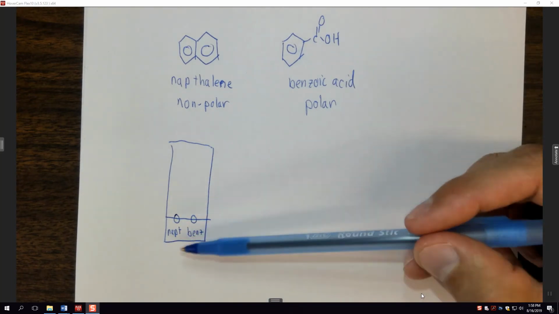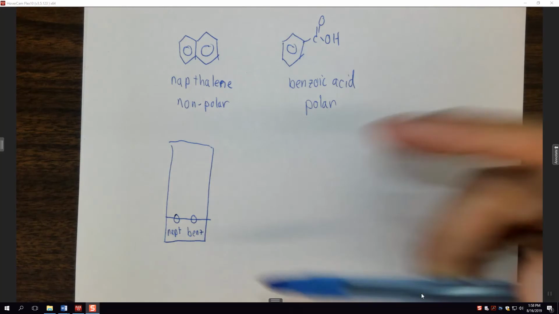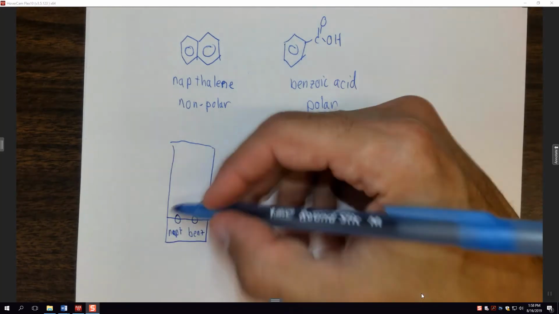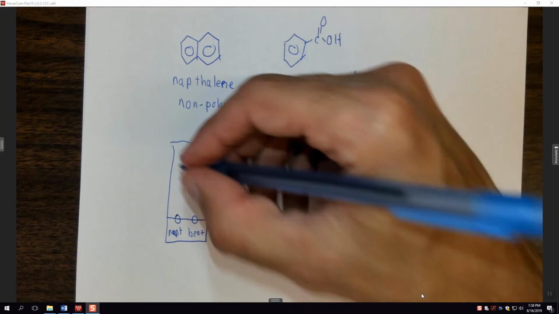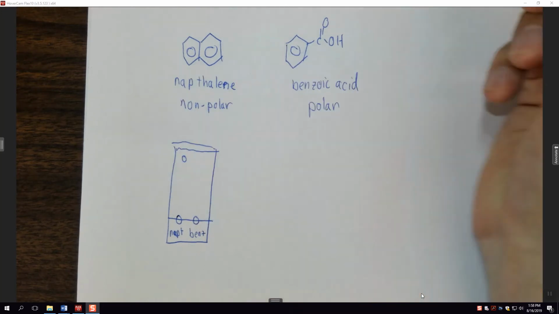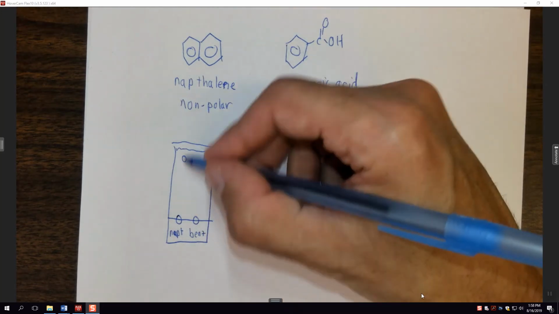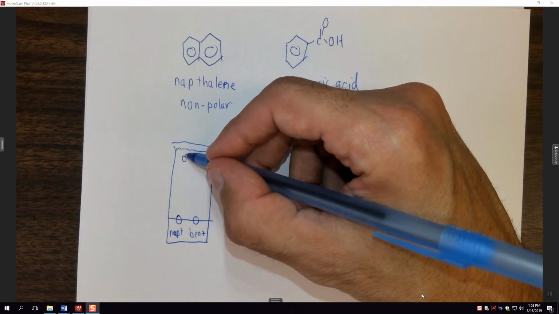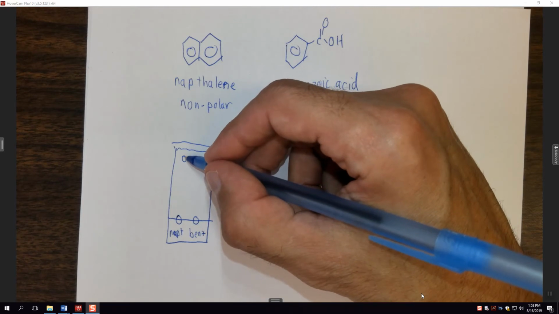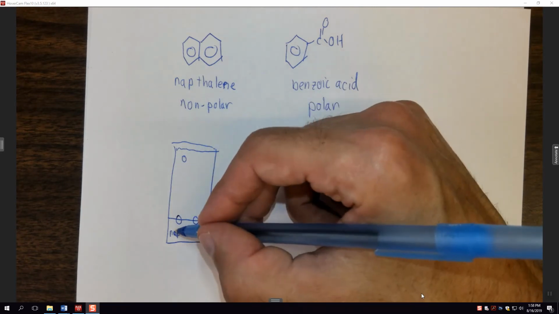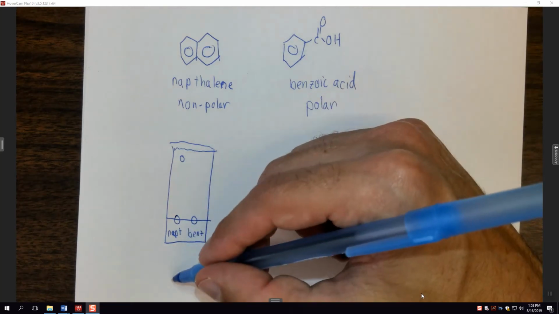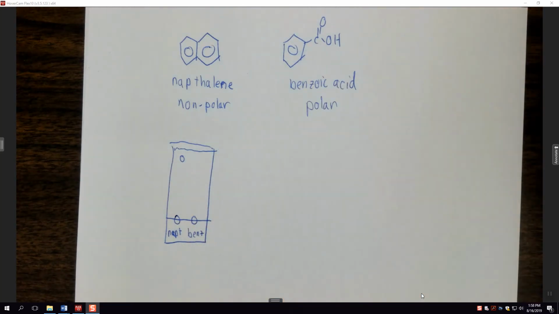Which of these two things is going to go further? Well, the naphthalene is going to go maybe this far. Now, I'm not saying it's going to go exactly that far, but the solvent maybe will go this far, and the naphthalene will go relatively close to as far as the solvent. Why? Because it's not sticking to the polar silica gel. It's sticking to the nonpolar, moving, eluting solvent.